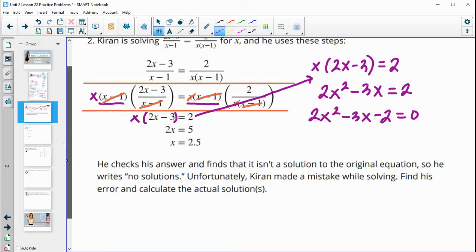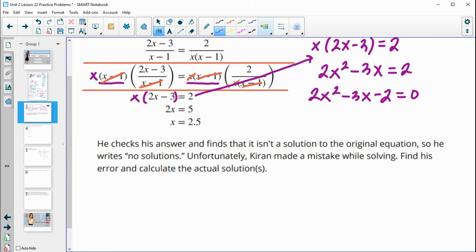So now we have an equation that we can try to factor. And so I always check first. I multiply these two terms together. So are there factors of negative 4x squared that add to negative 3? And there are. It's negative 4x and 1x.